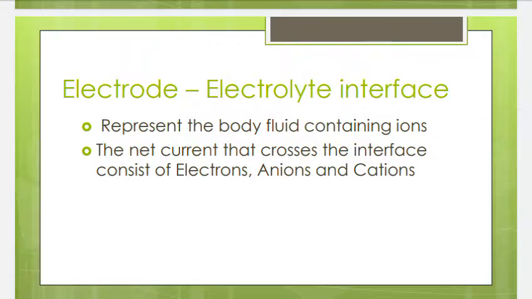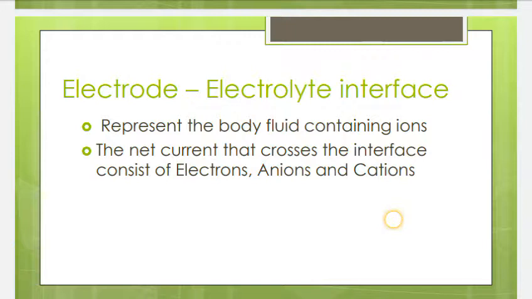Normally, the net current that crosses the interface, passing from the electrode to the electrolyte, consists of three parts: electrons, cations and anions. Normally, when we place an electrode, a current is generated.